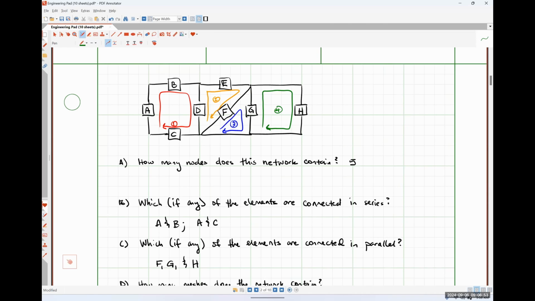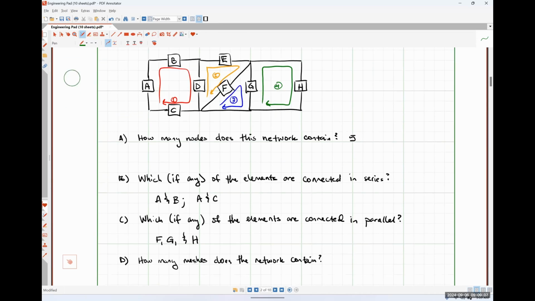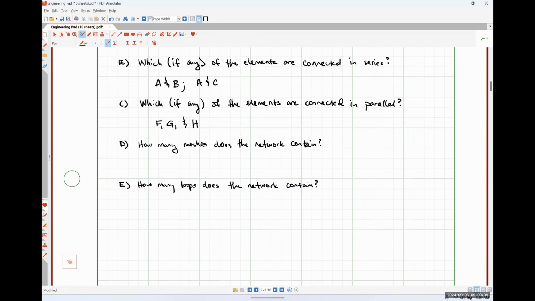How many loops do we have? So that question is actually significantly more difficult to figure out. It's not wildly difficult to figure out by any stretch of the imagination. But the way that I like to approach it is by starting with simple things, right? So we could subdivide it and say, well, how many single mesh loops do we have?